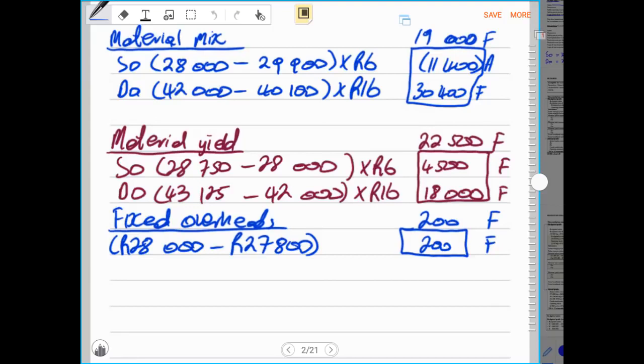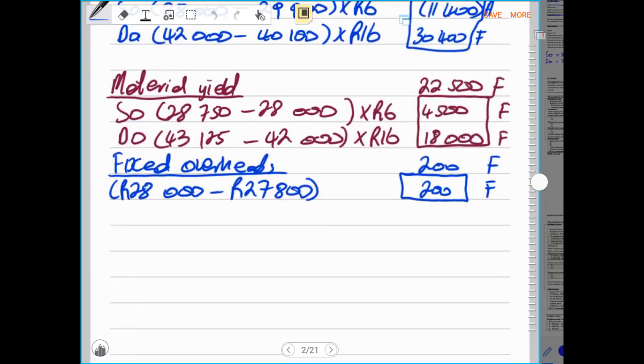Under our fixed overhead variance, I also want to get more clarity on that, so that we check that there is no variance that we have missed. We have calculated the 200 under fixed overhead. The one that we will still need to do under fixed overhead is the fixed overhead volume variance.